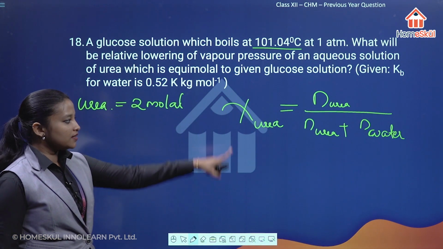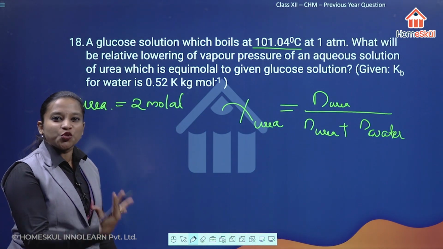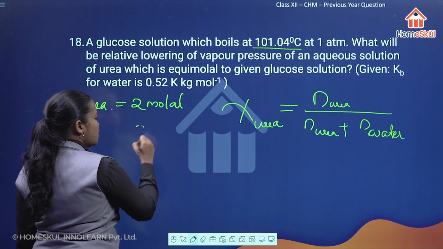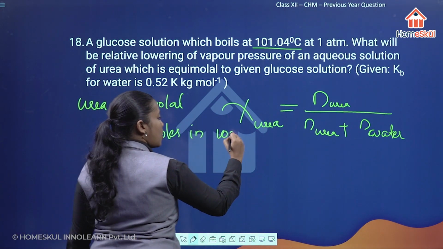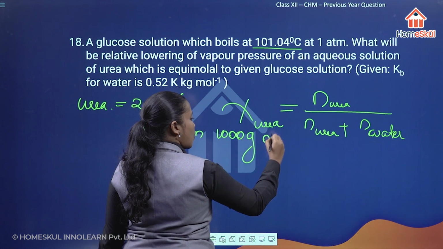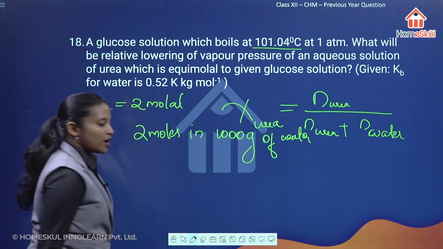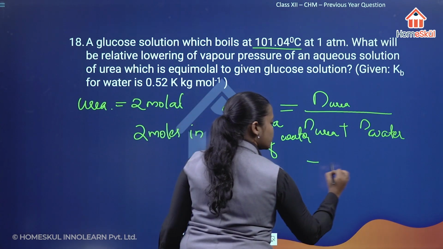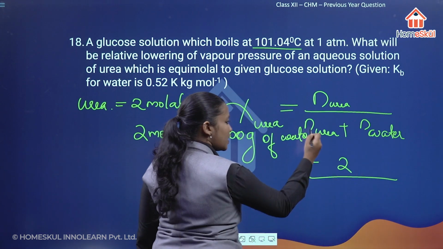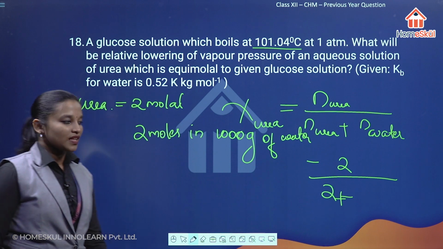Okay, here we know that since it is a 2 molal solution, what is meant by 2 molal? 2 moles in 1000 gram of water. So, the number of moles of urea will be 2. And we have to find the number of moles of water.